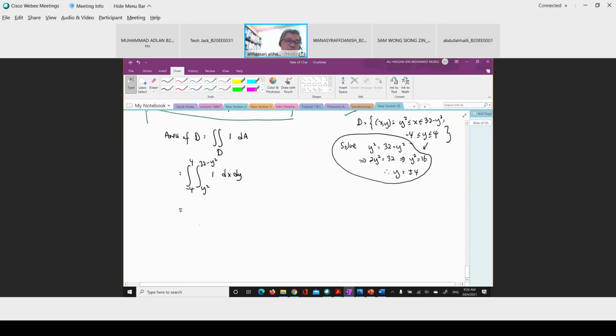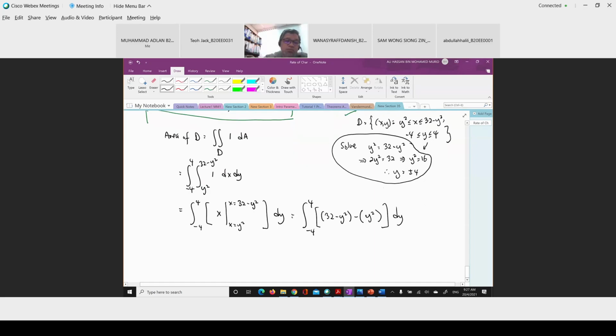The integral of 1 with respect to x is just x, bounded between y squared and the upper limit 32 minus y squared. So first we replace x by 32 minus y squared, and then we replace x by y squared.